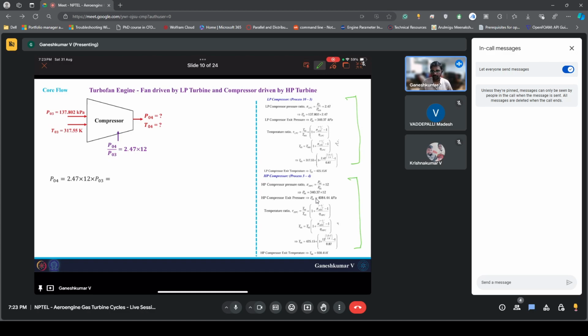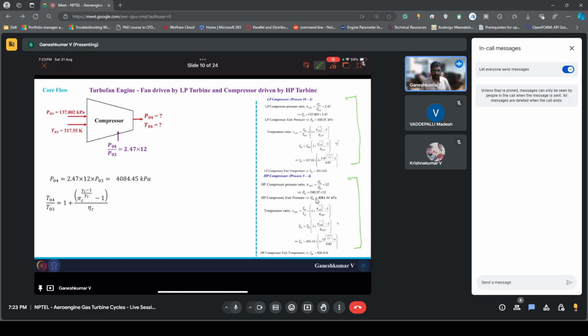We can use these numbers to find the pressure. So P04 by P03 is given. 2.47 times 12 would be something like 29.64, and if you multiply that with P03, which was basically 137.8 kilopascals, it will come out to be 4084.45 kilopascal, which is around 40.84 bars.